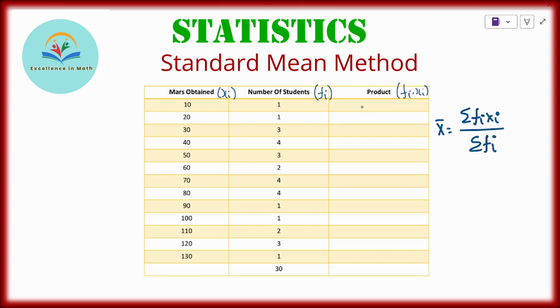Let us try to find the product first. That is 10 ones are 10, 20 times 1 is 20, 30 times 3 is 90, 40 times 4 is 160, 50 times 3 is 150 and 6 twos are 120.